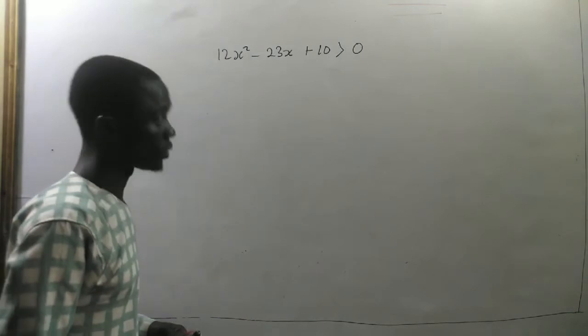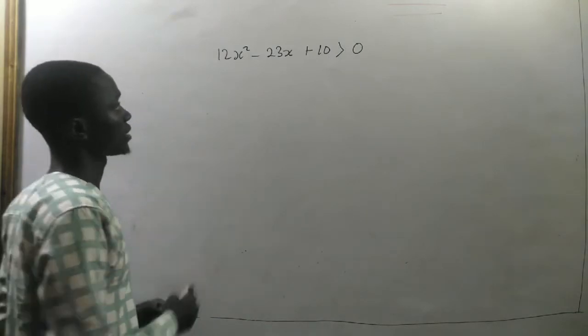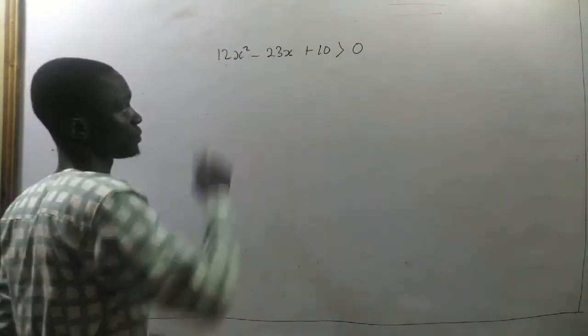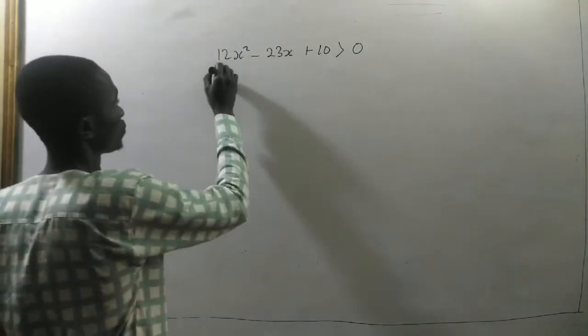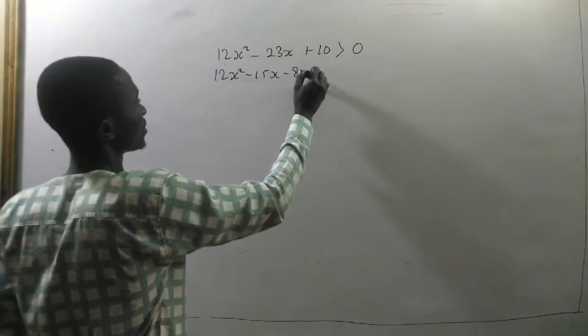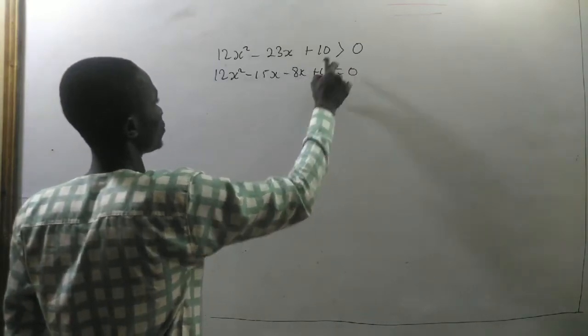So let's look at this one. Now how do we factorize this? 10 times 12 is 120 and 15 times 8 is also 120. So we have 12x squared minus 15x minus 8x plus 10 equal to 0.